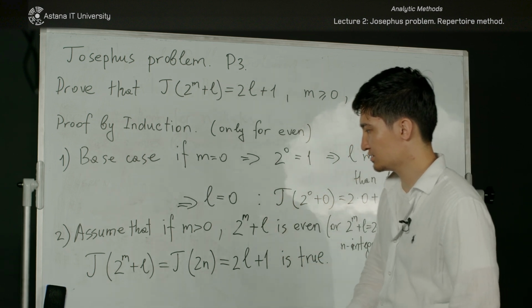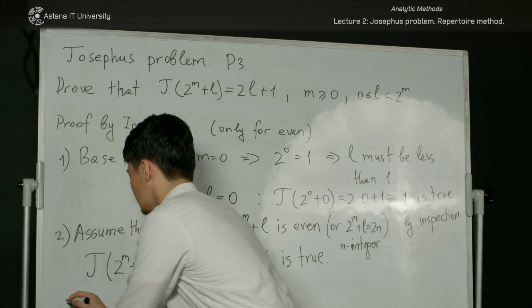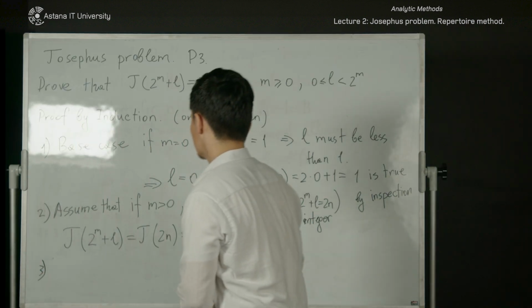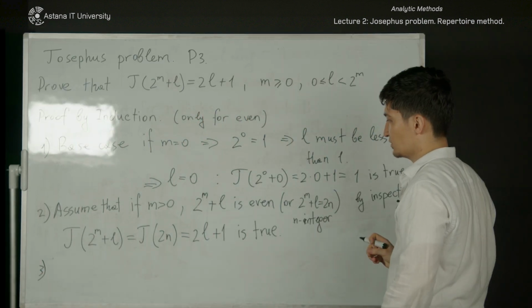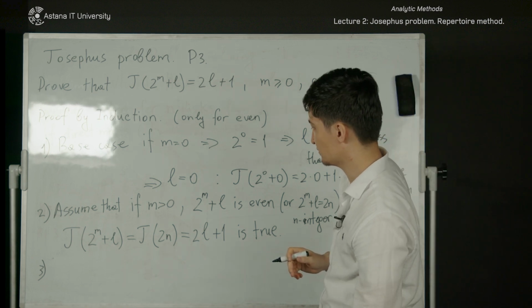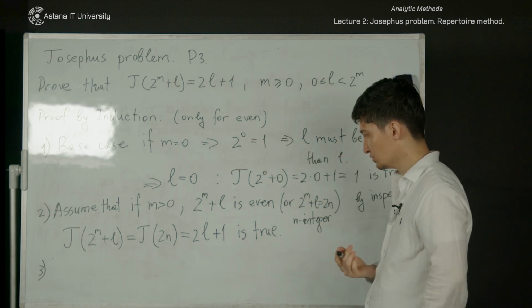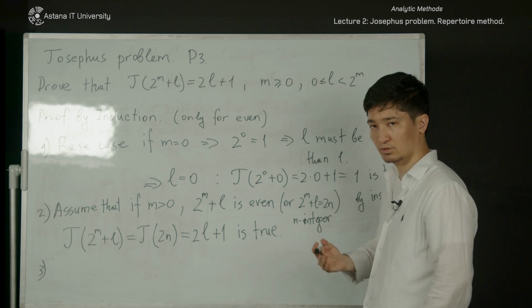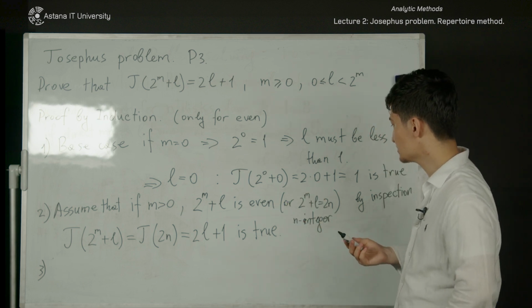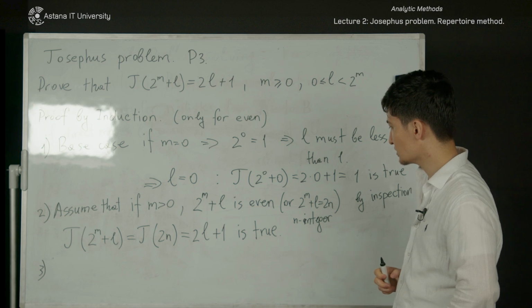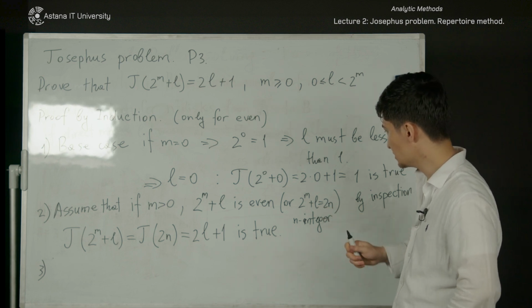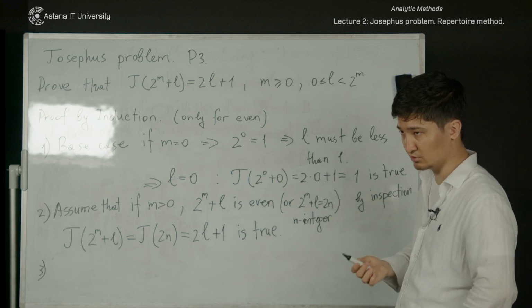So in the third step, now we're going to prove that for the very next even number, the formula also gives us a correct answer. So if my current number is 2n, the next even number is going to be 2n plus 2.